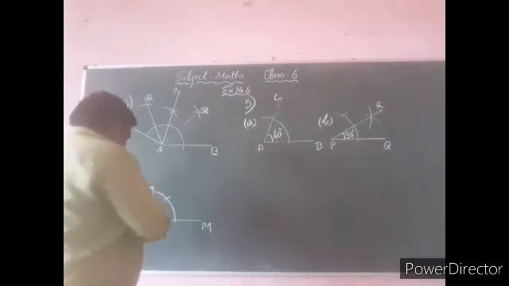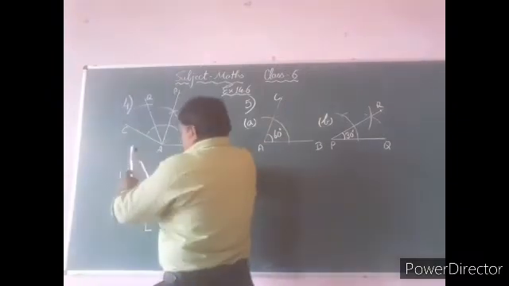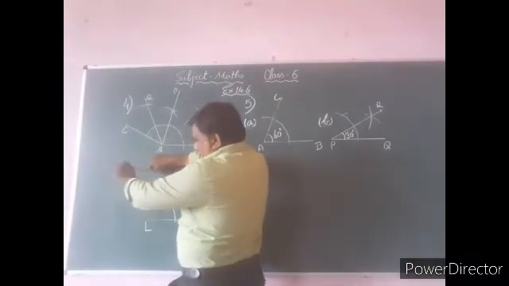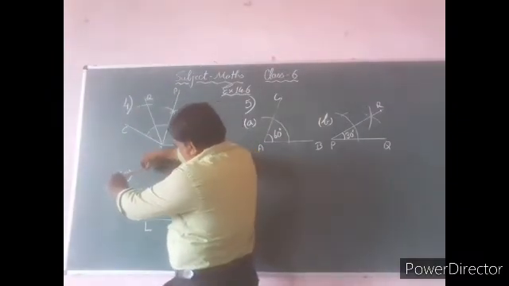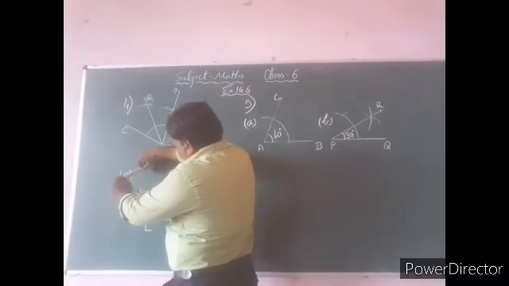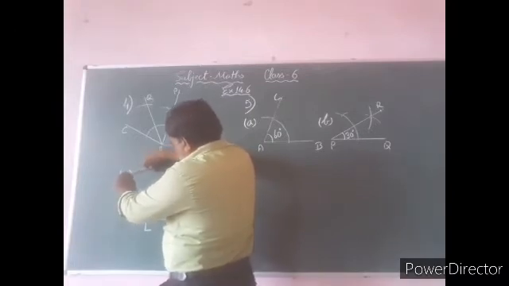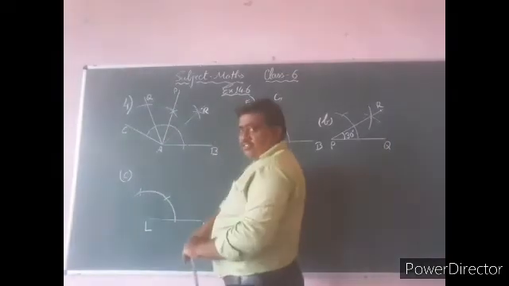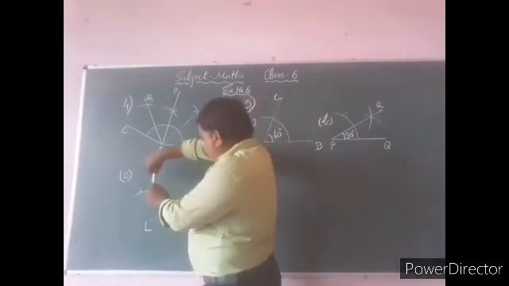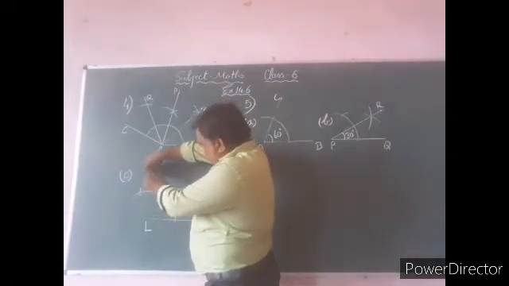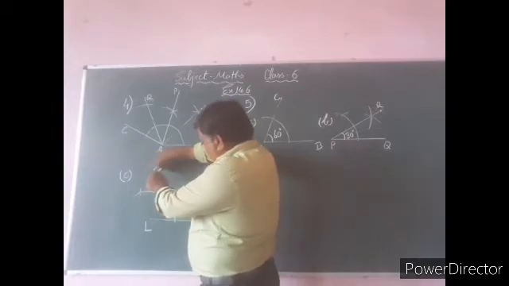So bisect it, taking this point as a center, draw an arc here, and of the same radius, taking this point as the center, draw an arc.